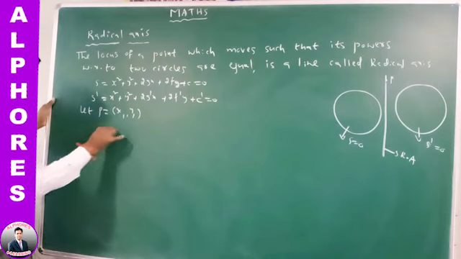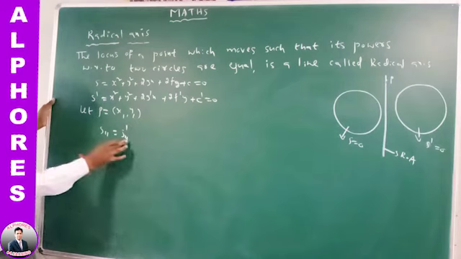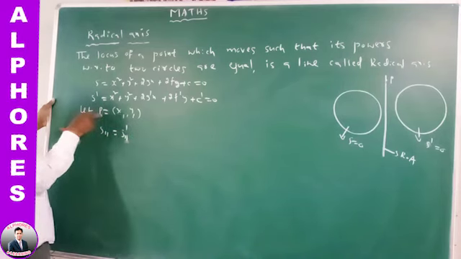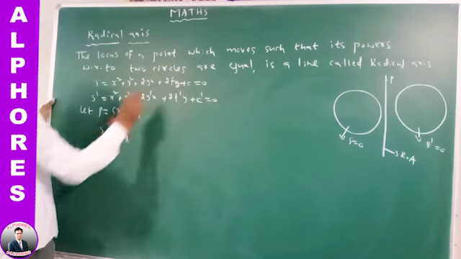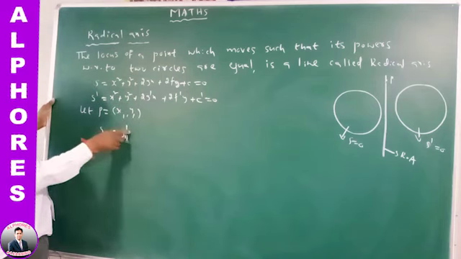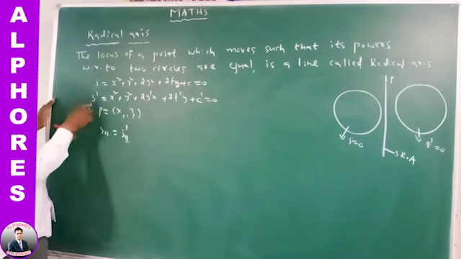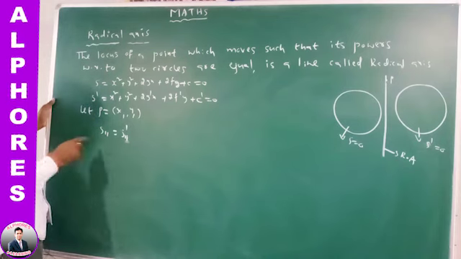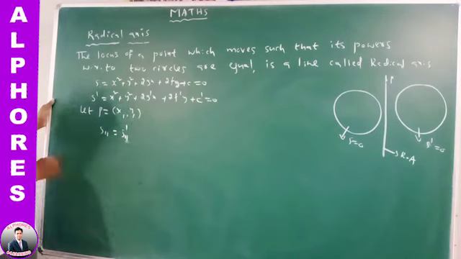It means S11 equal to S11 dash. S11 means the power of the point P with respect to the circle S equal to 0, and S11 dash means the power of the point P with respect to the circle S dash equal to 0. These two are equal according to the definition.